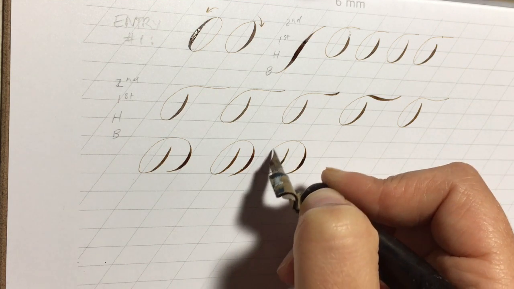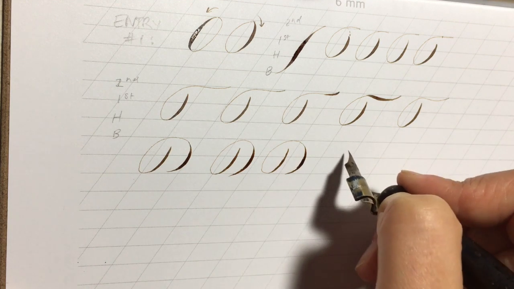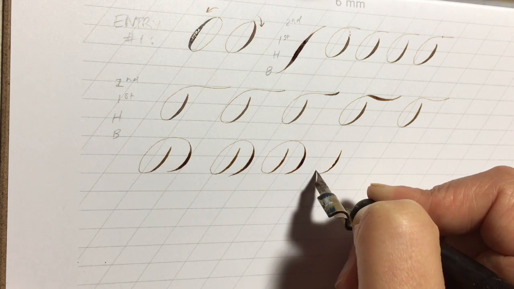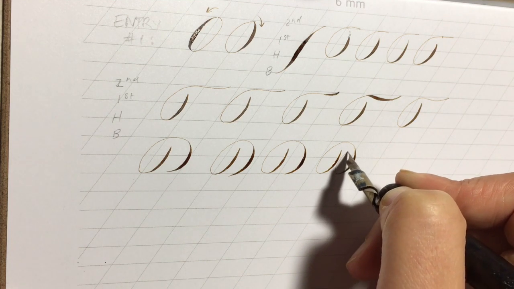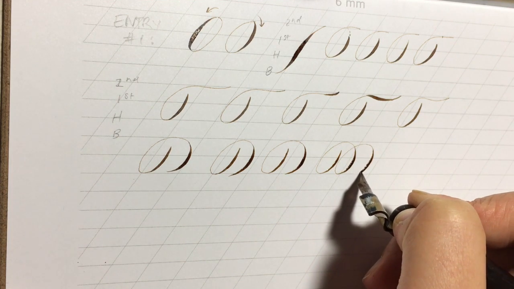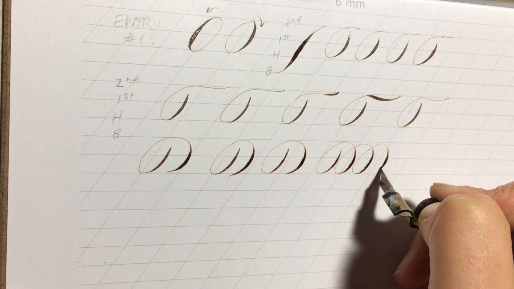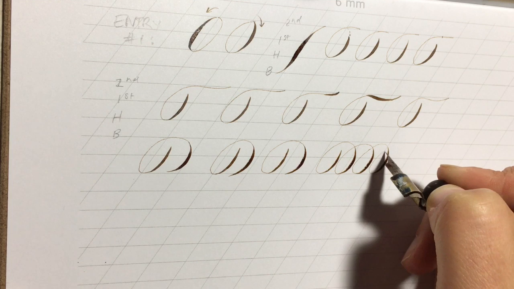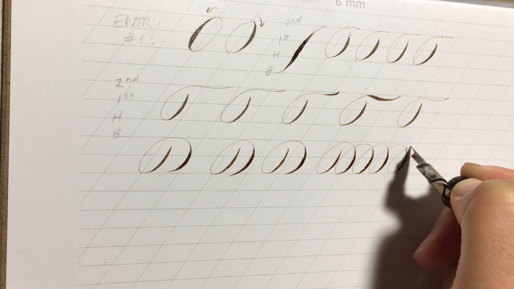So this should be one continuous shape, and one way you can practice this is by making continuous indirect ovals, which is a lot harder than it looks.